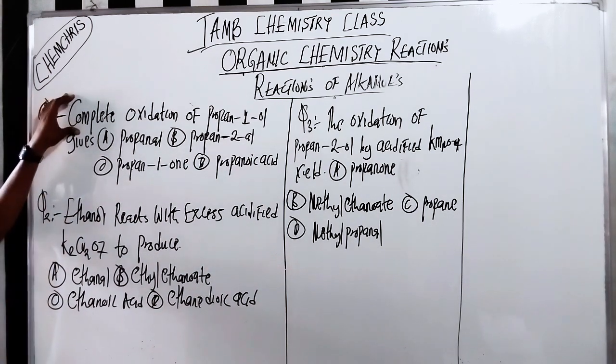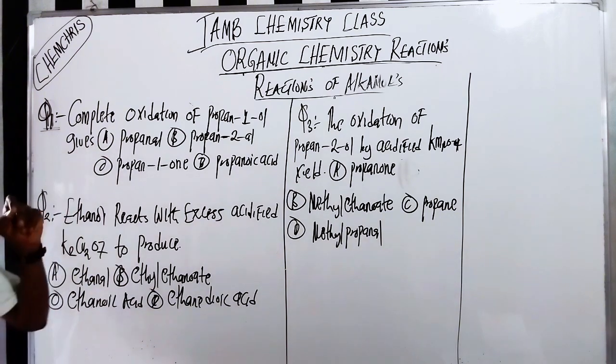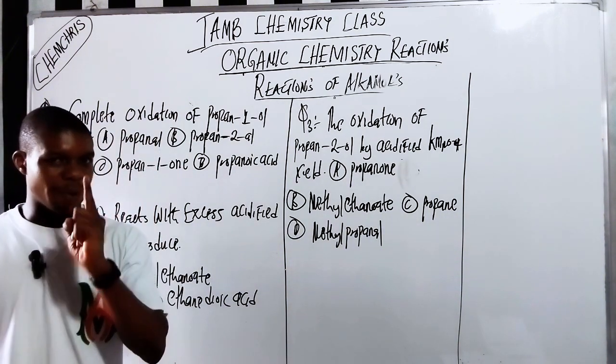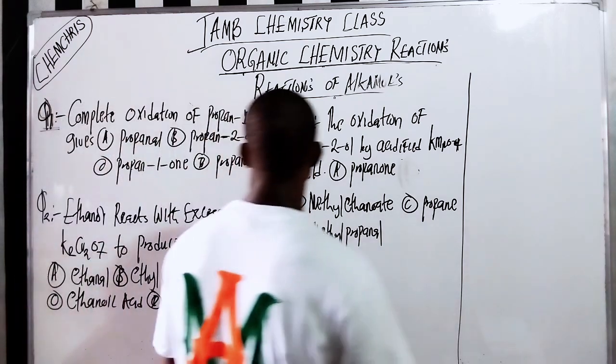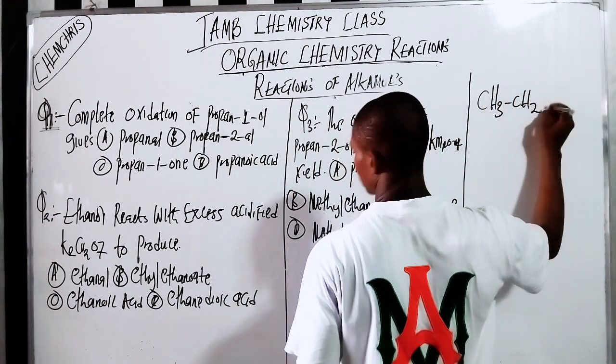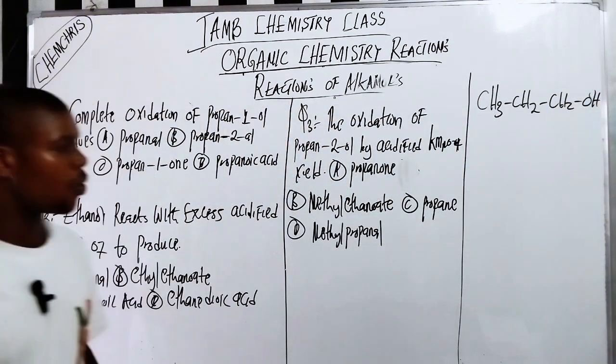This is a complete oxidation of propanol to give what? Propanol is a primary alcohol, right? So you have something like this: CH3, CH2, CH2OH. It's called propanol.